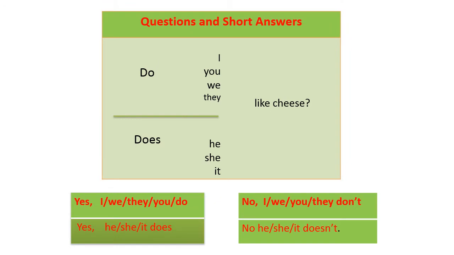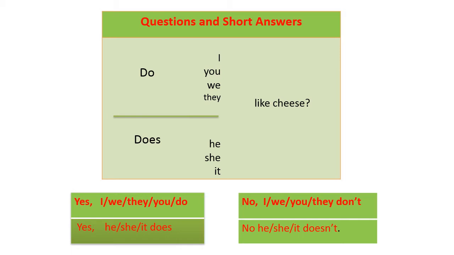Question and short answers. Do I like cheese? Do you like cheese? Do we like cheese, or do they like cheese? So with I, you, we, and they, we use do. And with he, she, and it, we use does.